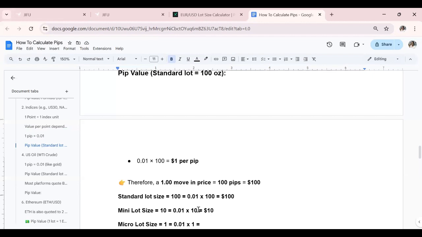We need to find out if the mini lot size is actually 10 ounces, because for currency pairs, standard lot is 100,000 units, mini lot is 10,000 units, and micro lot is 1,000 units.